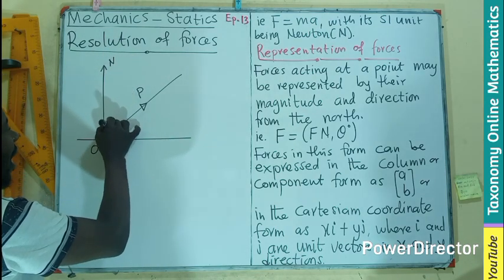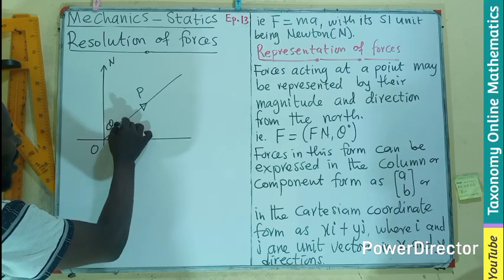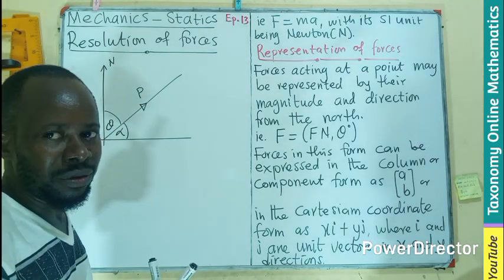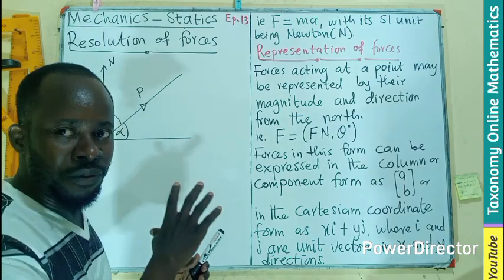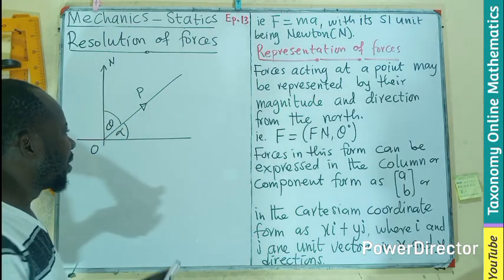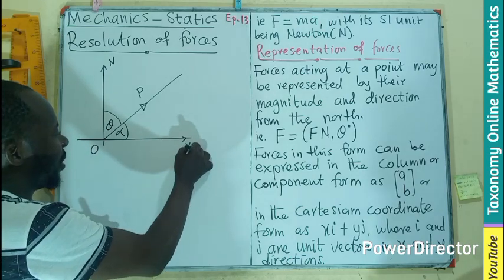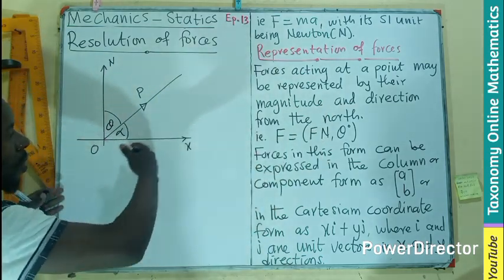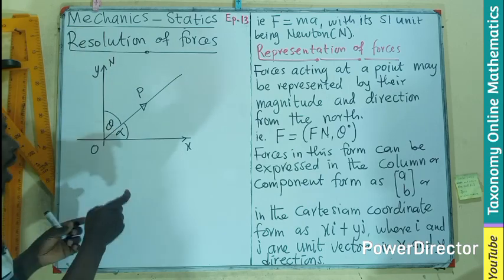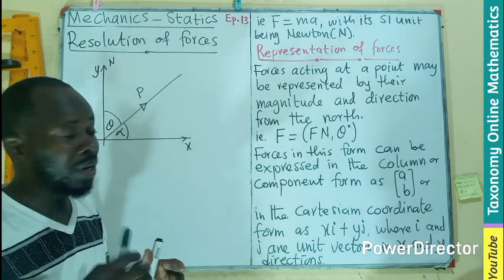We have angle theta, let's say angle alpha. These are the two angles which show the direction of the force. We can see that we let this be the x component, or the horizontal component, which is the north. We can also call it what? The y component, which is the vertical component.